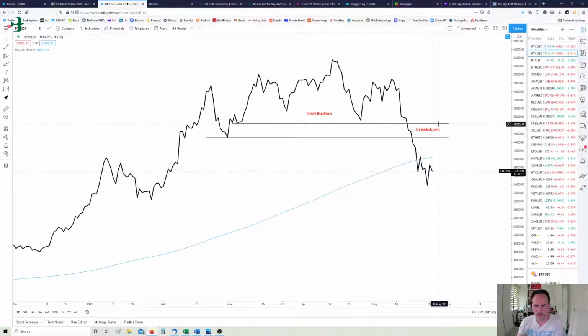That would not be a good scenario, because it means we're more than likely to put a new high in place there and then continue our descent downwards to wherever it may be, maybe 10,000, 15, 20,000, who knows.